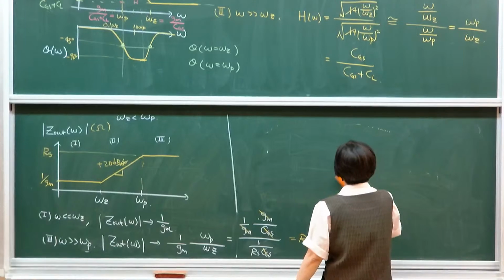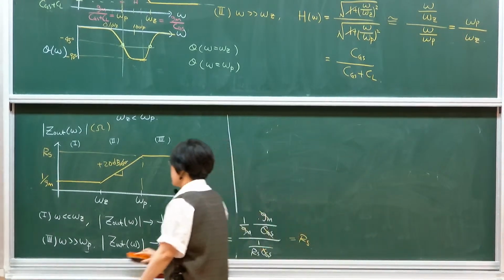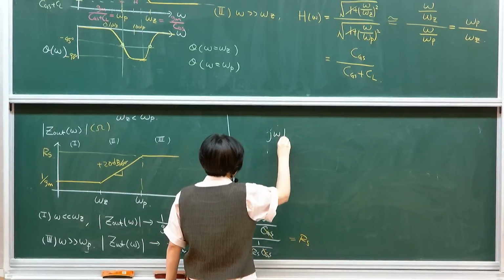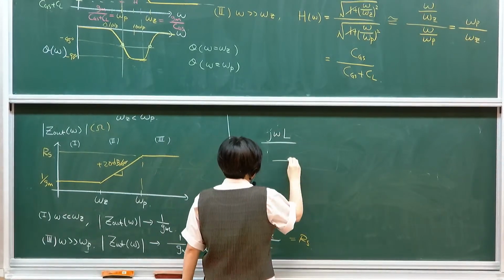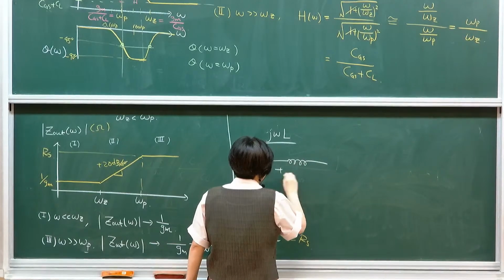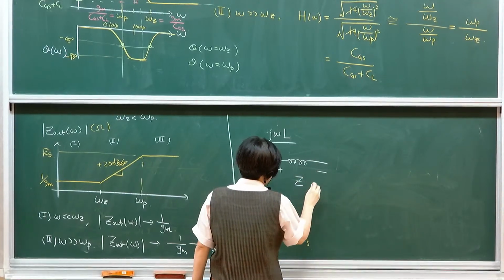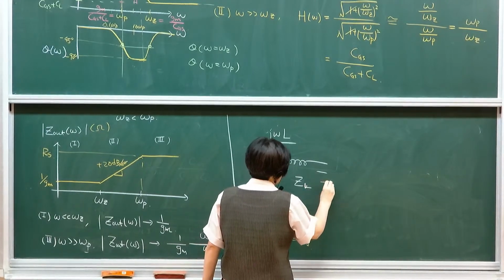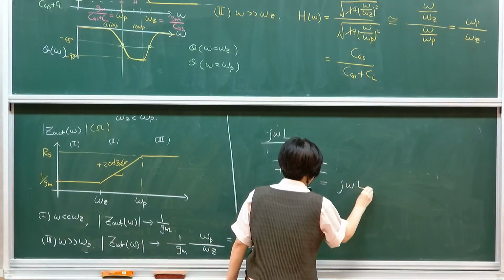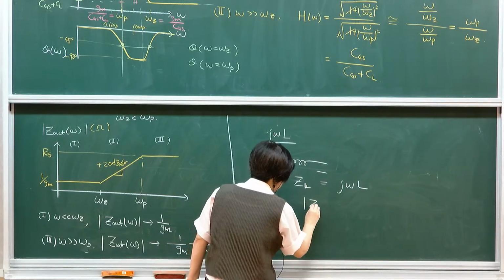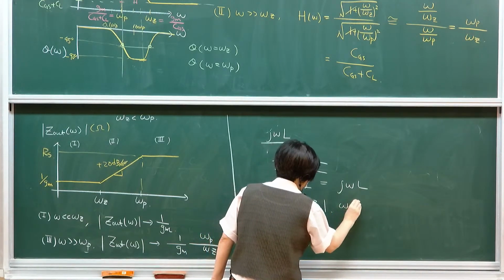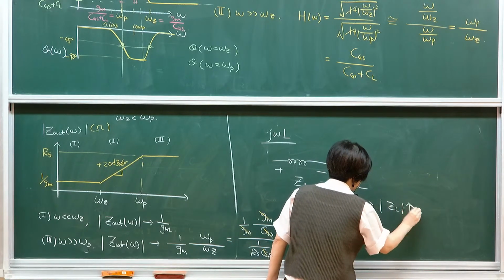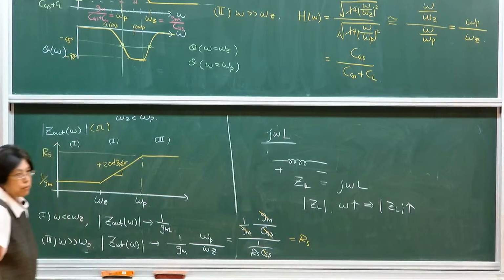well, we're not actually going to use an inductor, but this is a simulation of an inductor. If you look at j omega L, the impedance of an inductor is j omega L. So as frequency increases, my Z load increases. That's the opposite of capacitance, right?